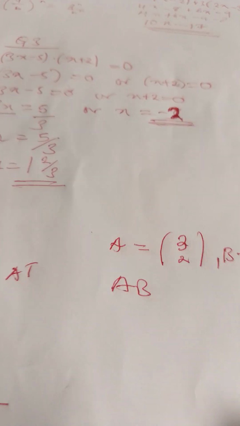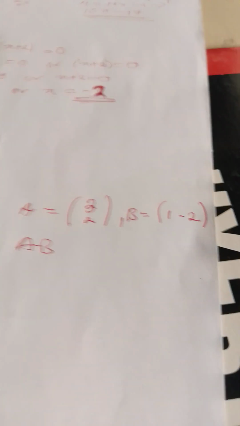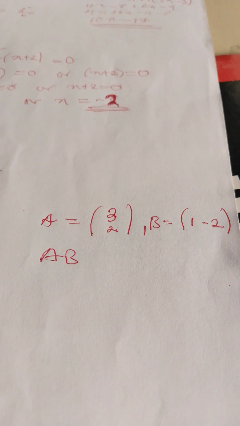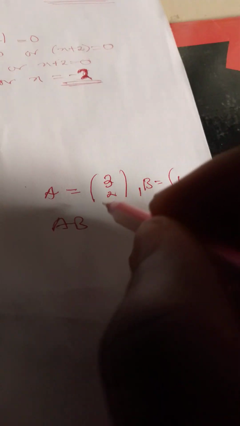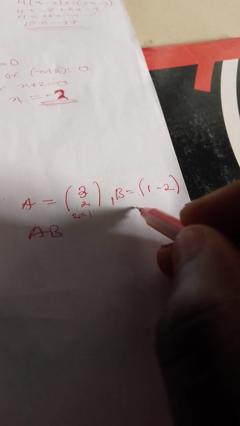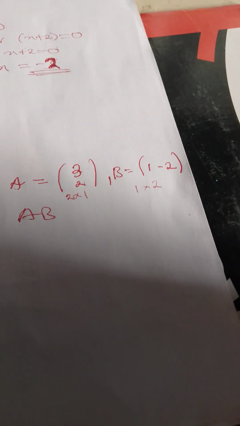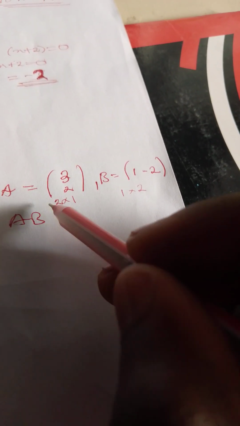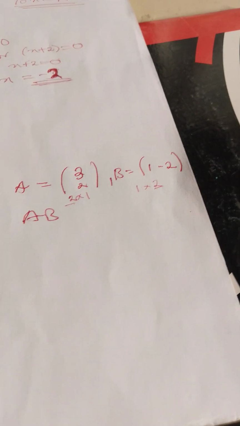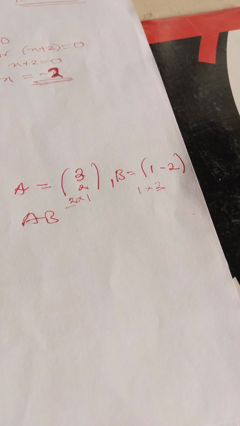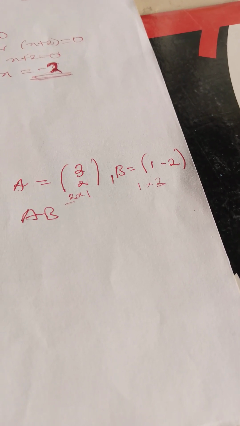So I assume that you did some multiplication of matrices. So the order of the first matrix is a 2 by 1. The order of the second matrix is a 1 by 2. So the expected result for AB is a 2 by 2, by getting those numbers, the first number from the first matrix and the last number from the last matrix.